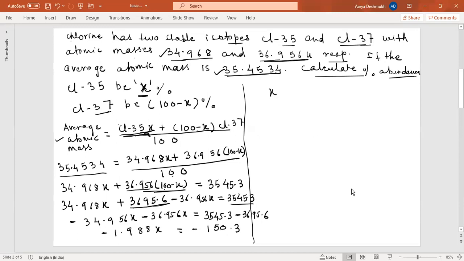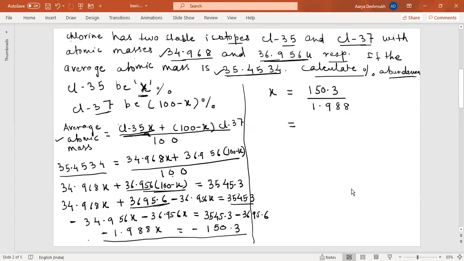So right here, X will be equal to, from this step, this thing. You can proceed further. X will be equal to, just cancel out those minus signs, 150.3 divided by 1.988. Okay.